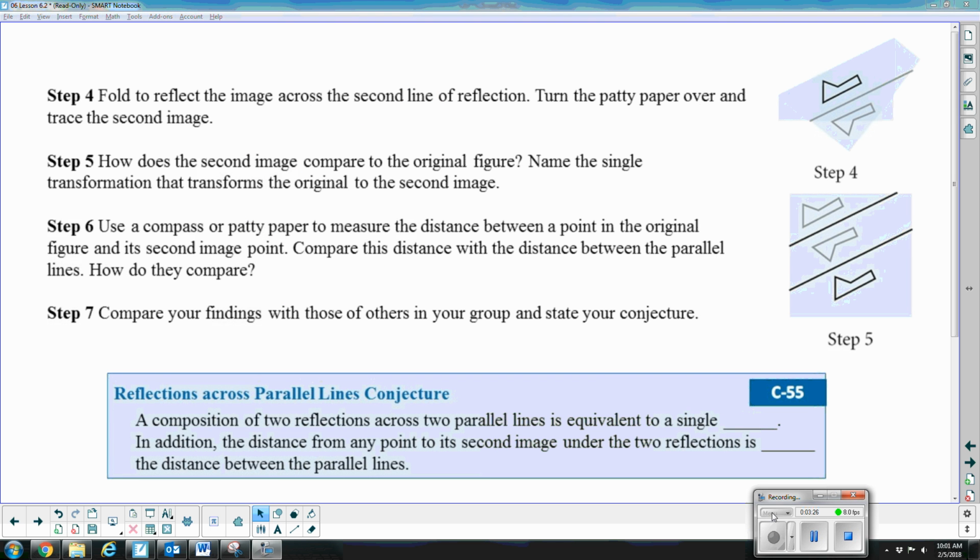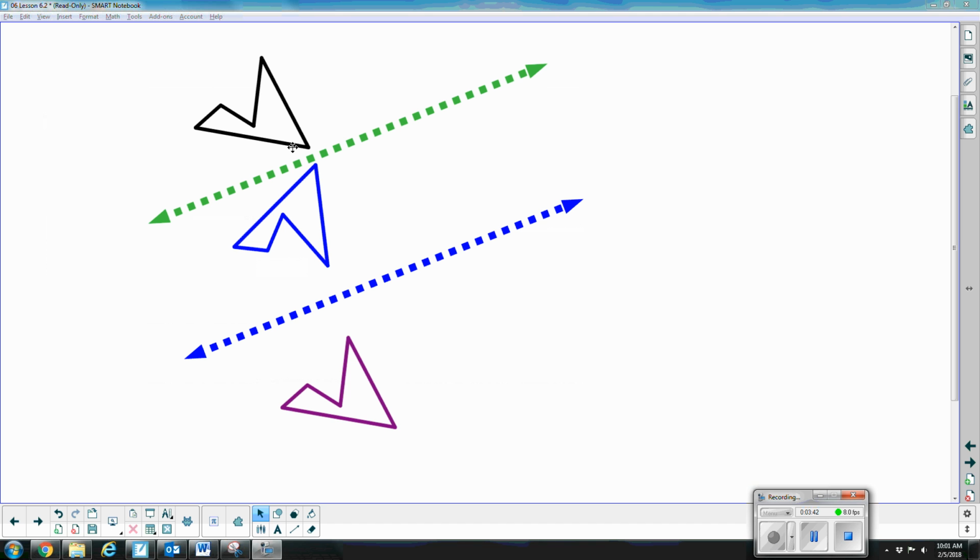One of the questions on your note sheet is to look at the first image and the third image. Is there a single transformation that could transform the original image to the second image? Well, let's look. It can't be one single reflection because the orientation is the same as in the original. It's not a rotation.